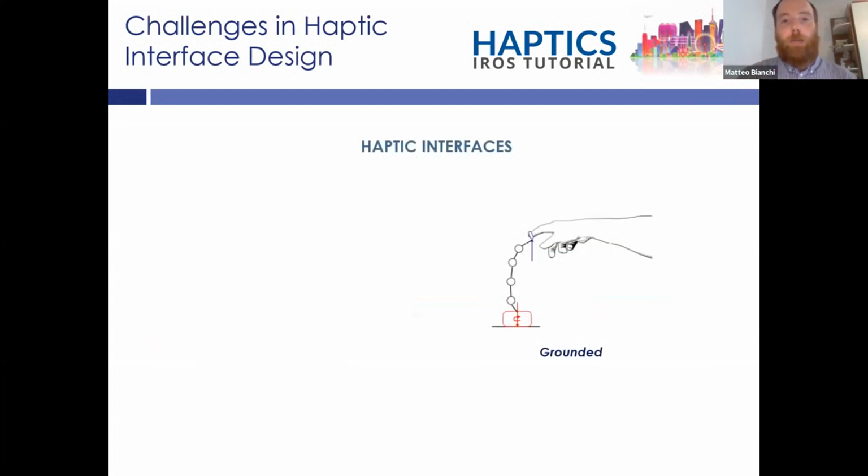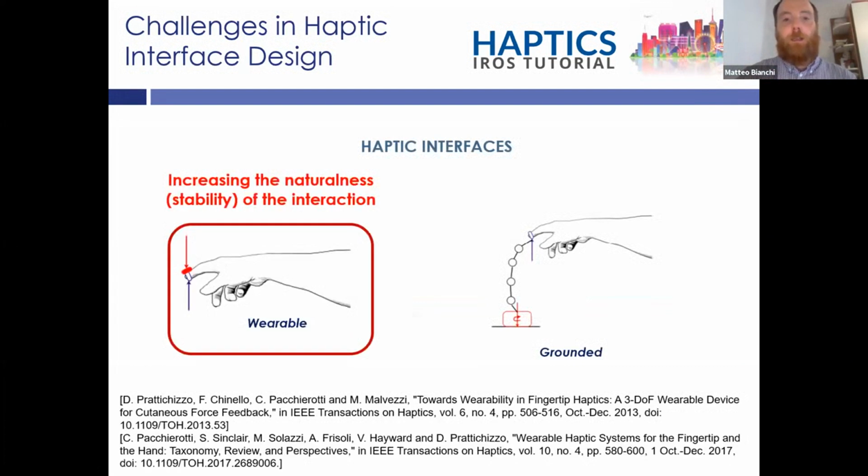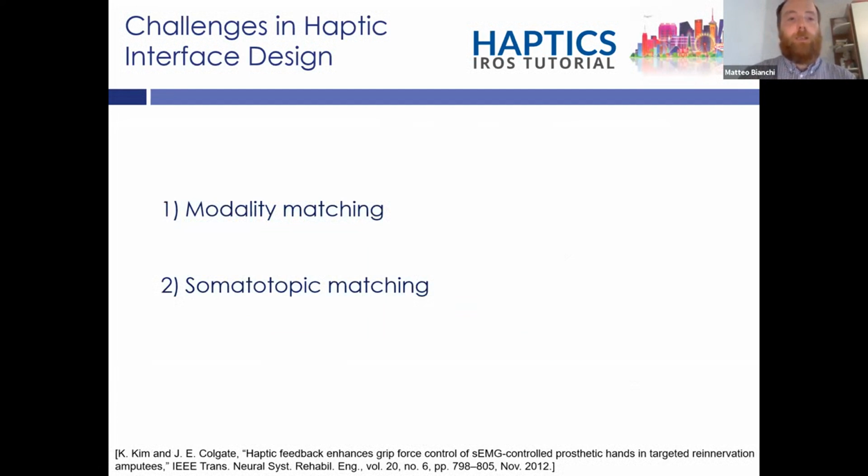There are two main types of haptic interfaces: grounded, where the base is fixed, and wearable. These systems can be worn by the users, and this could help to increase the naturalness and also the stability of the interaction for telerobotics. And of course, I'm going to discuss the latter type of interfaces.